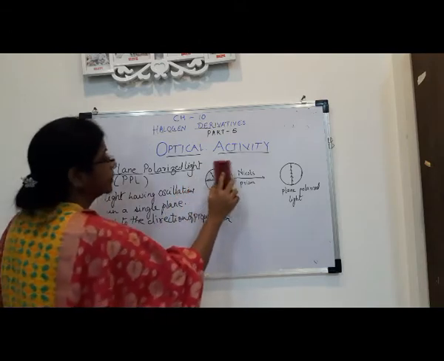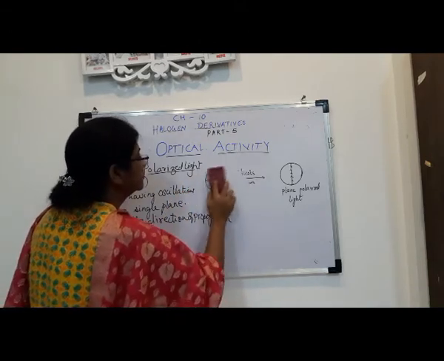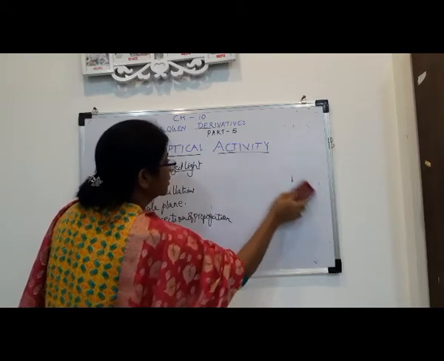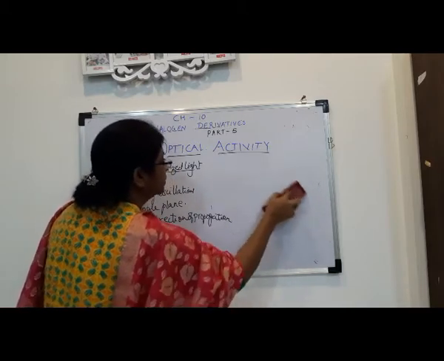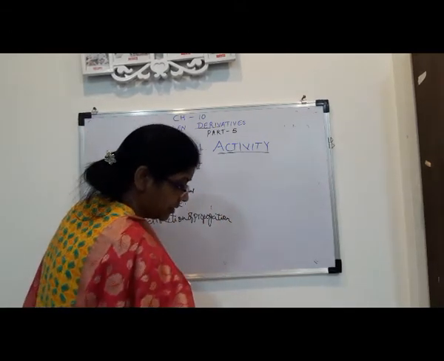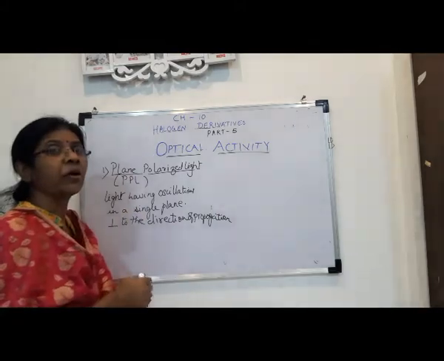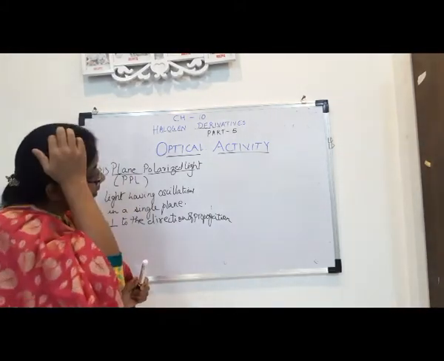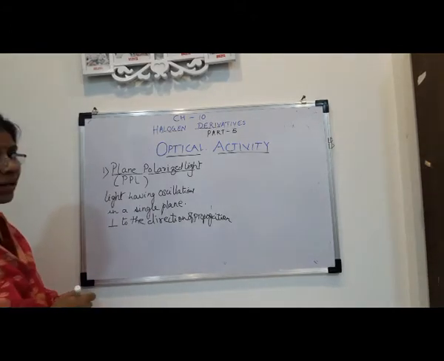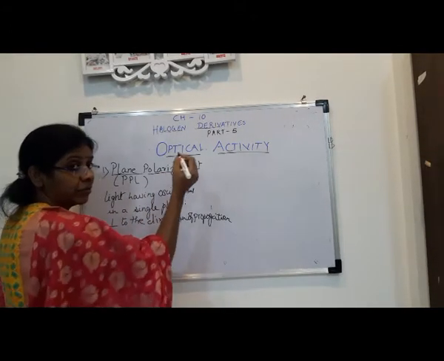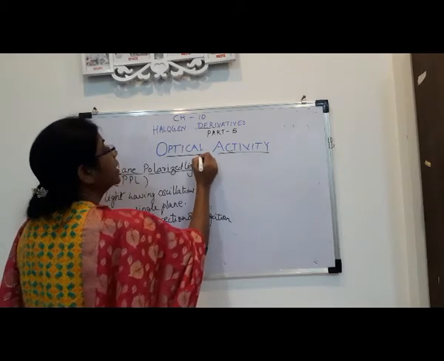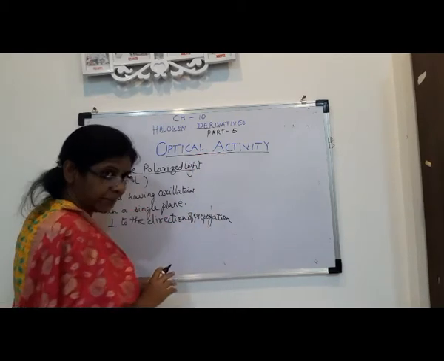Now we saw how plane polarized light is emitted, and this plane polarized light is very useful for studying optical activity. So we go to the next important point, and that is optical activity.